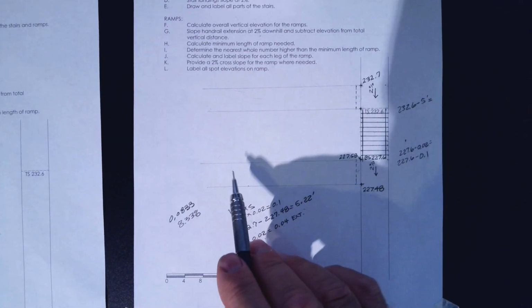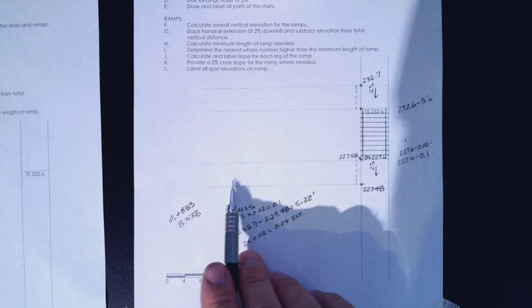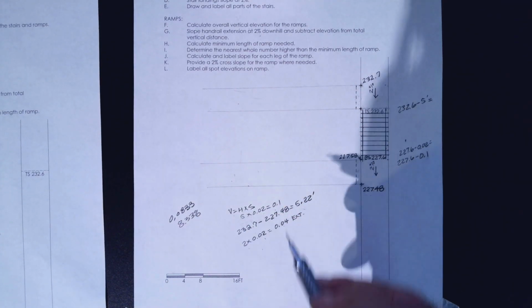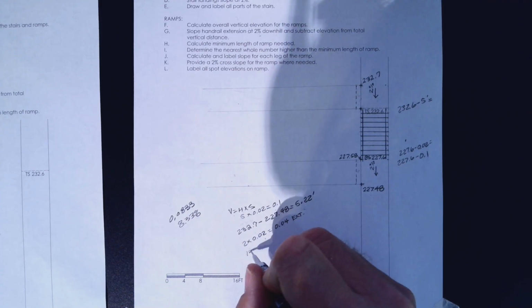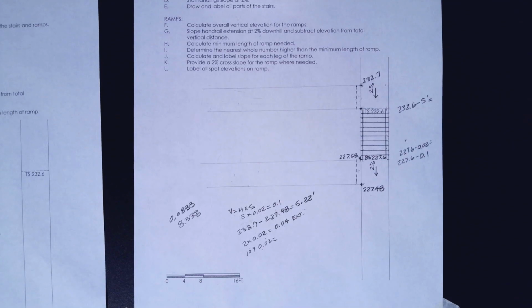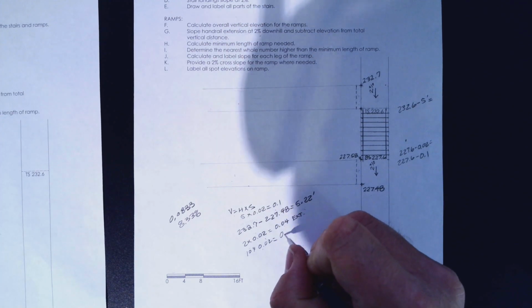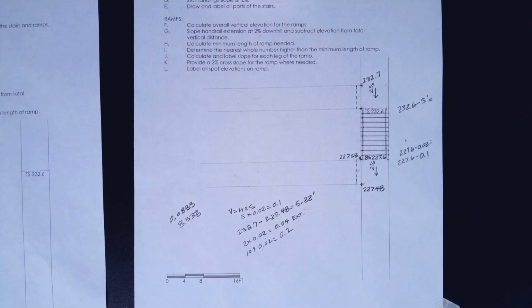So we're going to have 2 landings because we got to come down, have a landing, turn, have a landing, turn. So that landing is 5 feet, and we've got 2 of them. So 5 feet twice, we've got 10 feet times 0.02. So 10 times 0.02 is 0.2 feet.